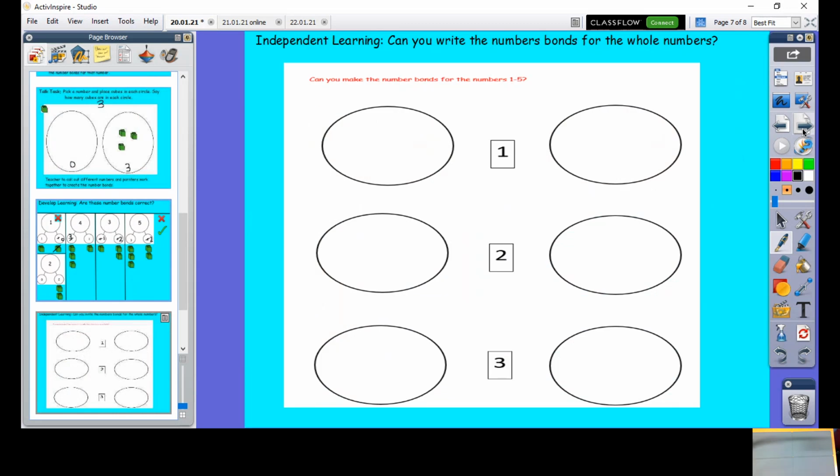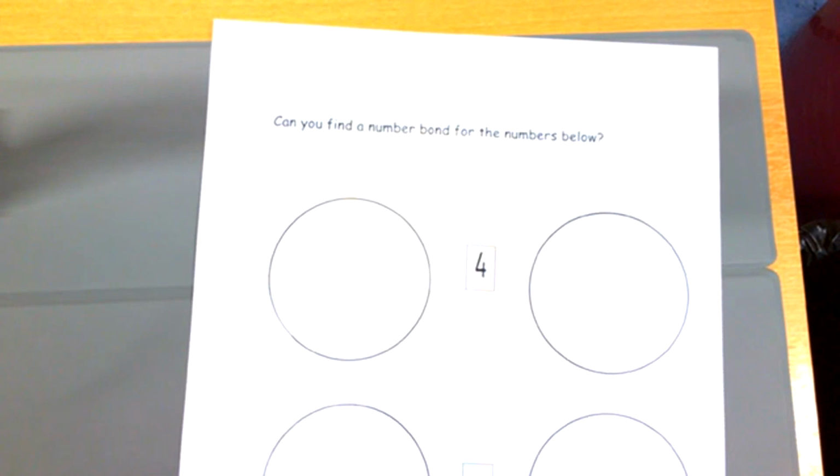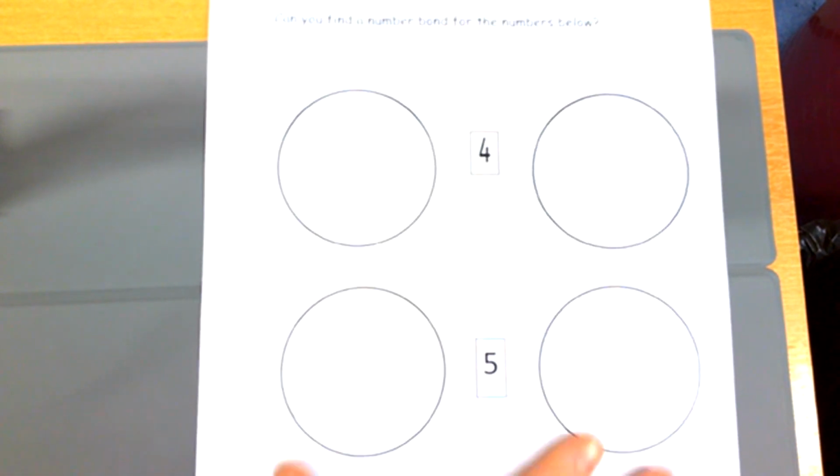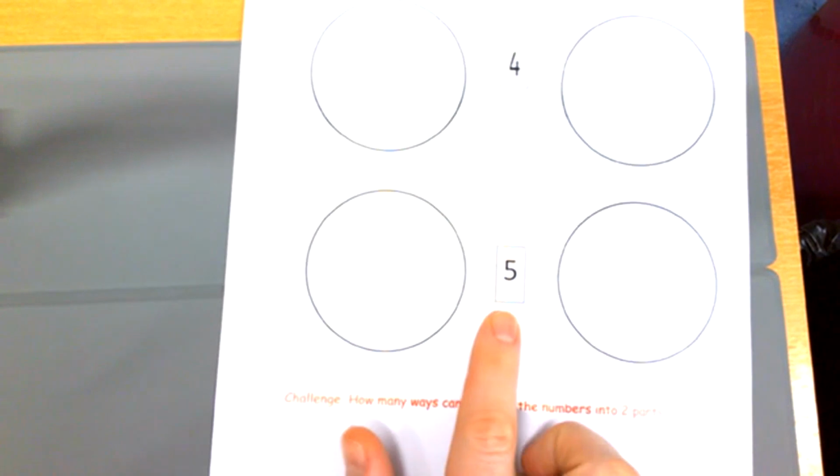Okay, boys and girls, I'll show you what you're going to be doing for your independent learning today. So you have a similar sheet to what you did yesterday, but we've got number 4, and then we've got number 5.